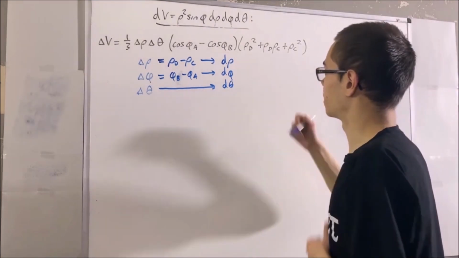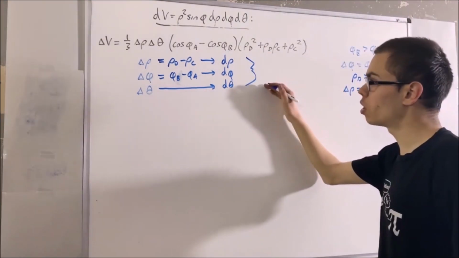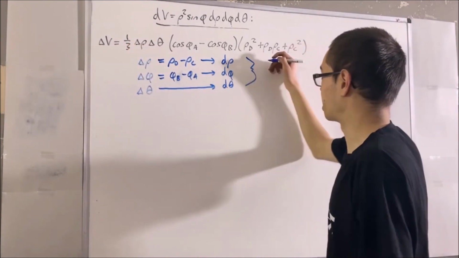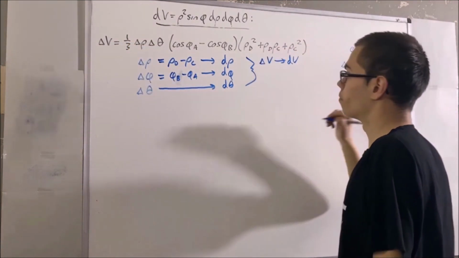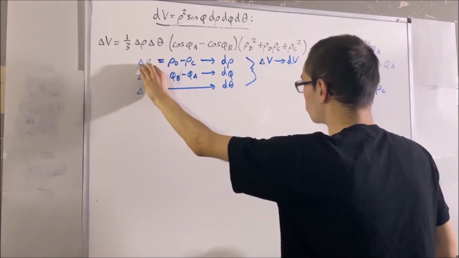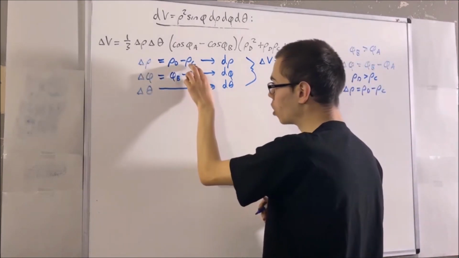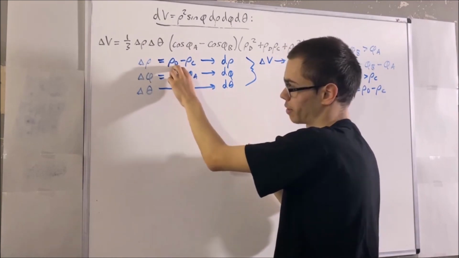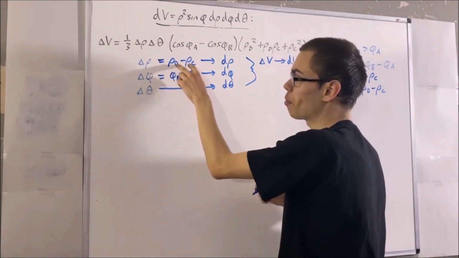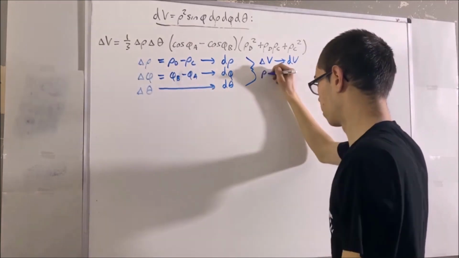Well, the result is, for one, delta V becomes really small. But not only that, if delta rho becomes really small, then the difference between rho c and rho d becomes really small. So rho c and rho d are approximately equal to each other.